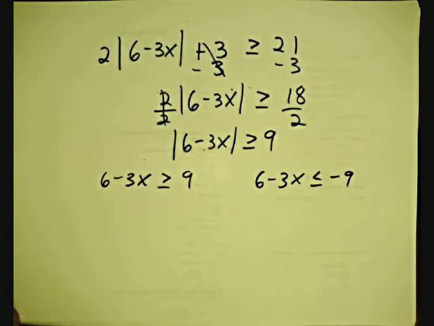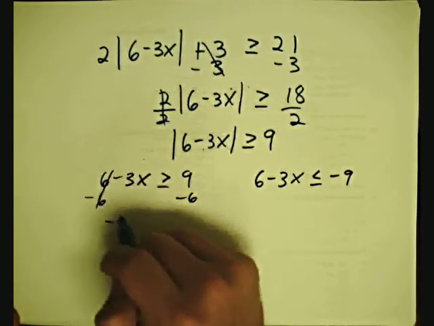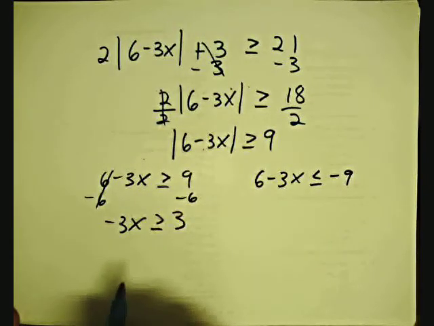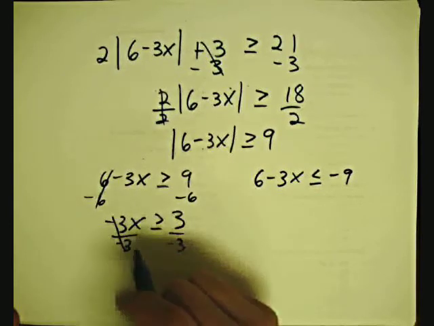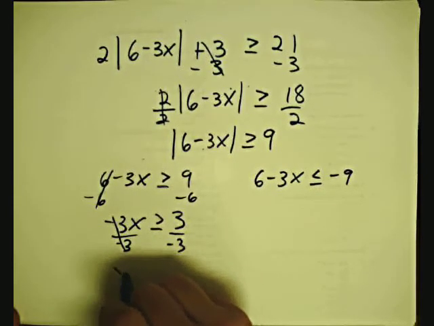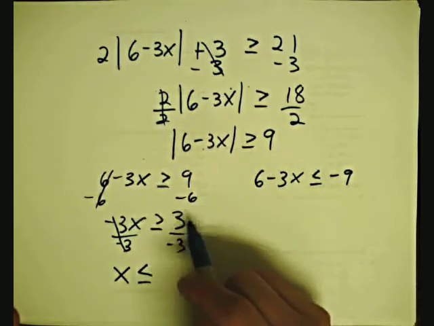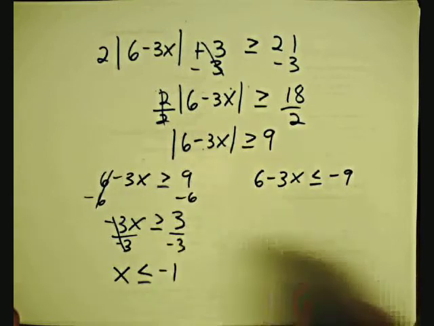So solving each of these, subtract 6, negative 3x is greater than or equal to 3, divide by negative 3, and since we divided by a negative, change the direction to less than or equal to. 3 divided by negative 3 is negative 1.